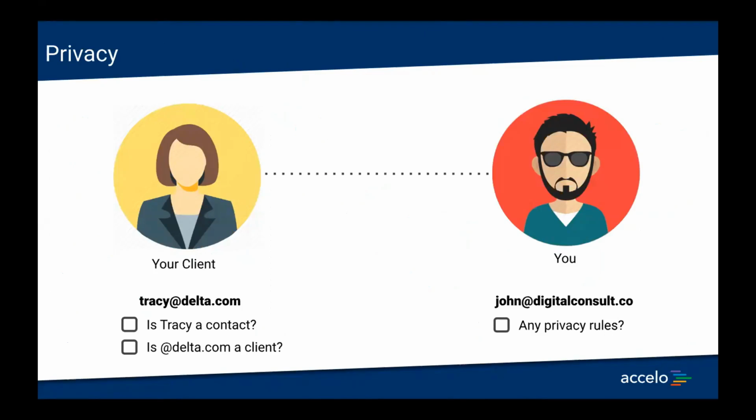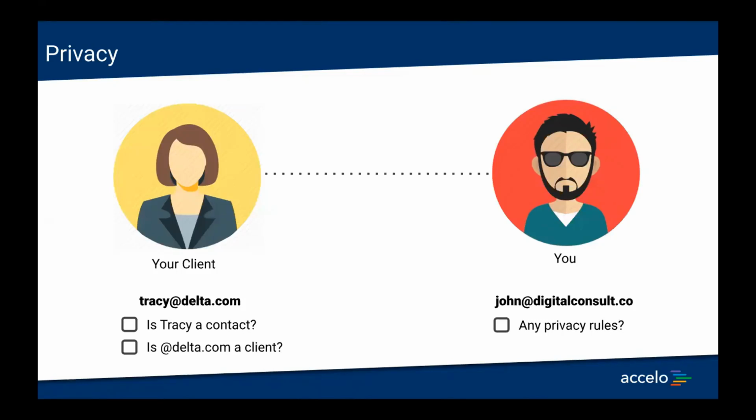And how can I guarantee within the client work that only certain people are able to see certain communication? Well, we take privacy very seriously here at Accelo. And one of the big things that I want to talk about first is, how do I know that a particular email is client work and not a message about Christmas plans with mom?